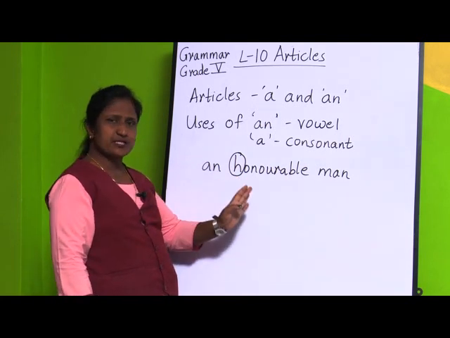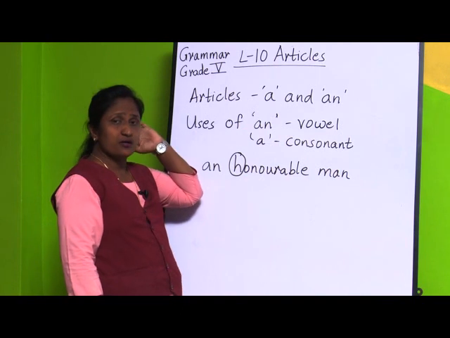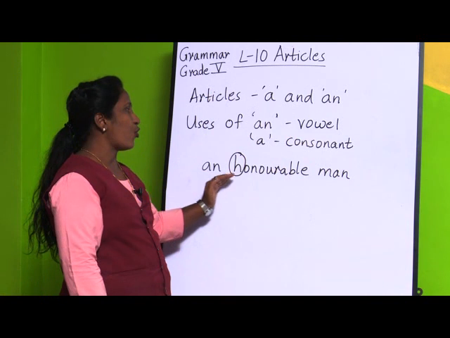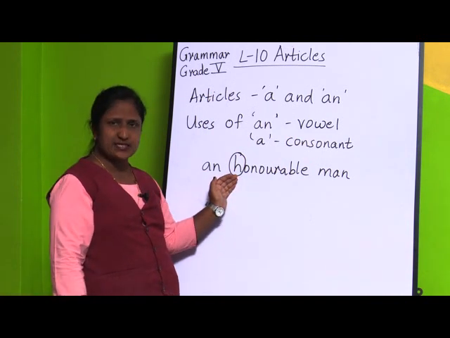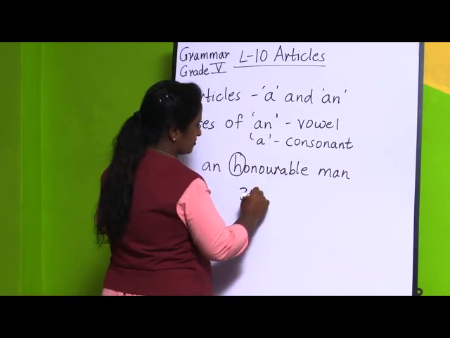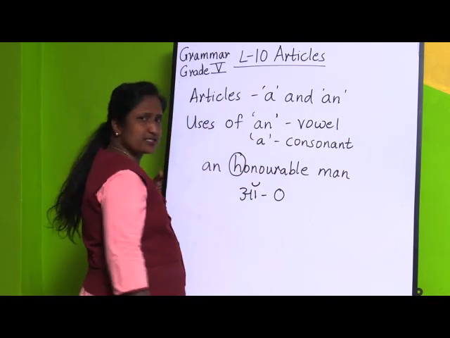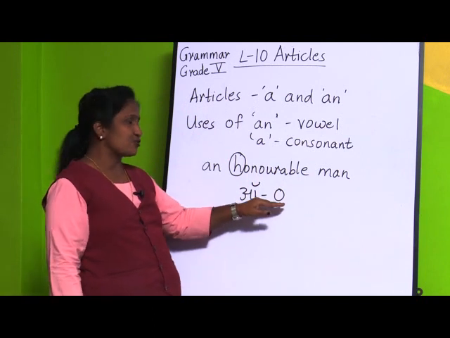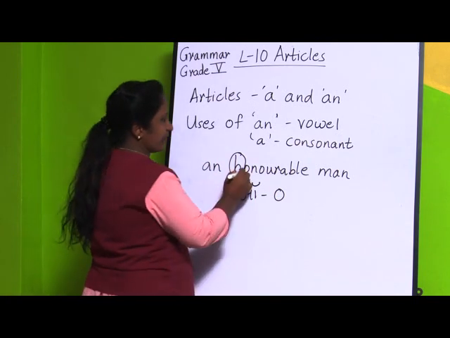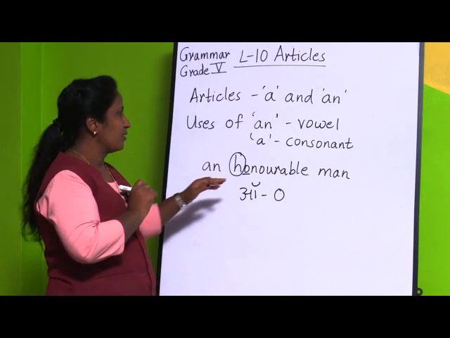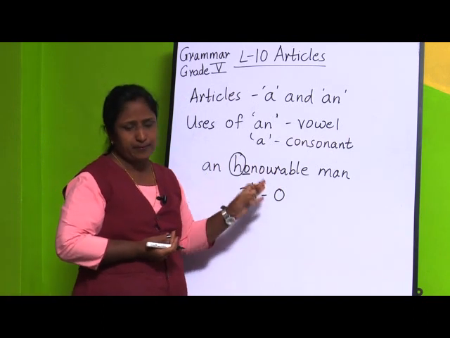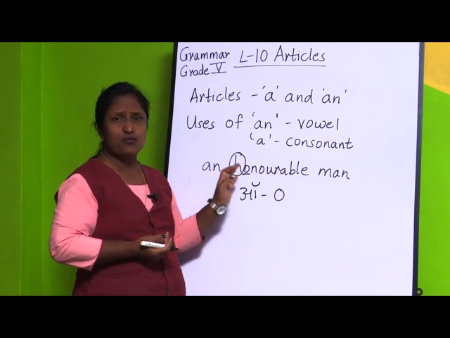But here also the same exceptional word is there. In an honorable man, the H is silent, and the next sound is O, and O is a vowel. That is why I have used an honorable man, because it sounds like a vowel.